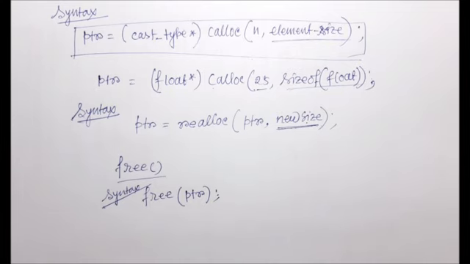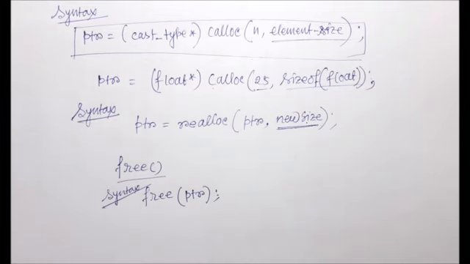The first argument to free is a pointer, the starting address of the region which has already been allocated, if I want to deallocate it. So, that means we just free this memory.